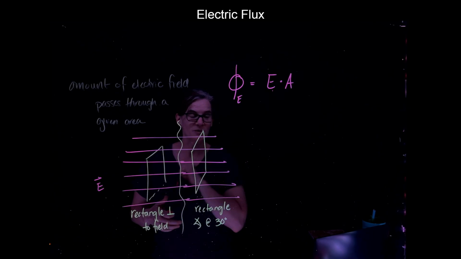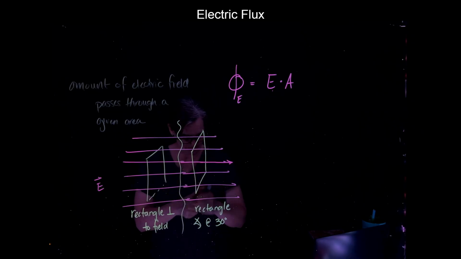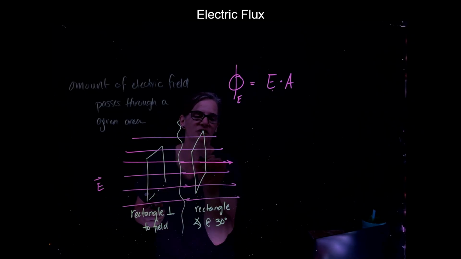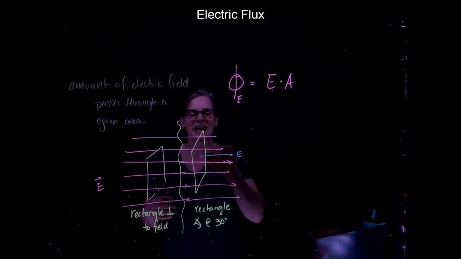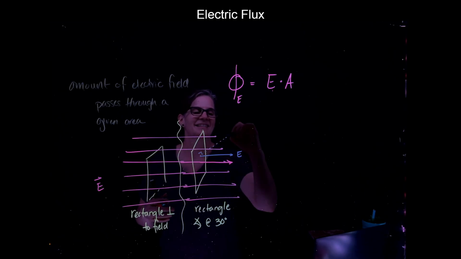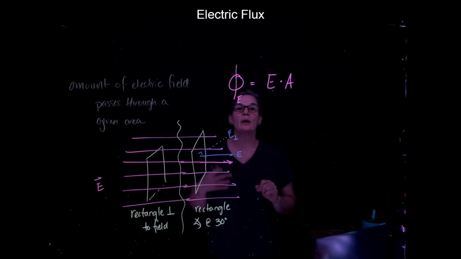So I'm going to use my angle of 30 degrees. So if this is, let me use a different color, I'll use blue. If this is the direction of the electric field, which of course it is, then the perpendicular direction relative to the area is what gives rise to the electric flux.